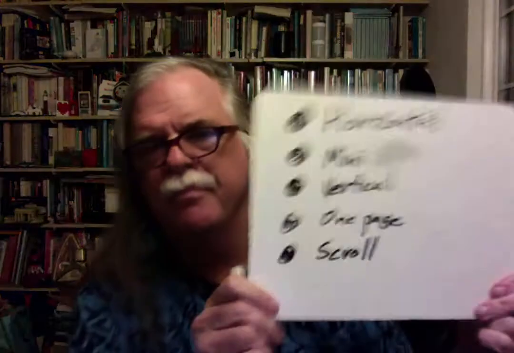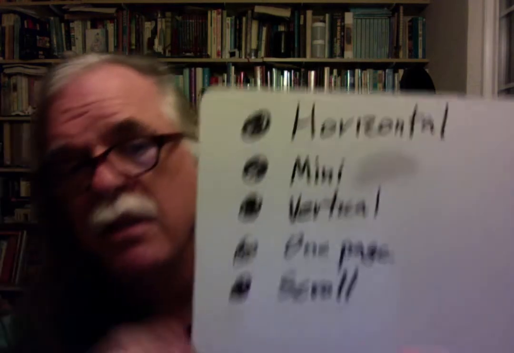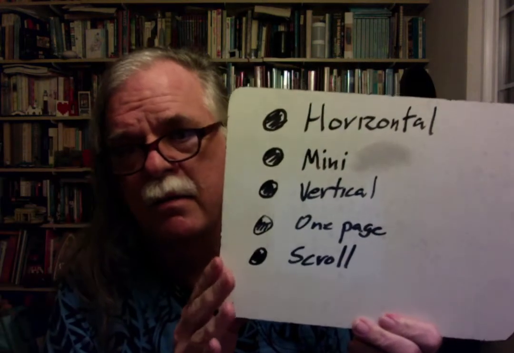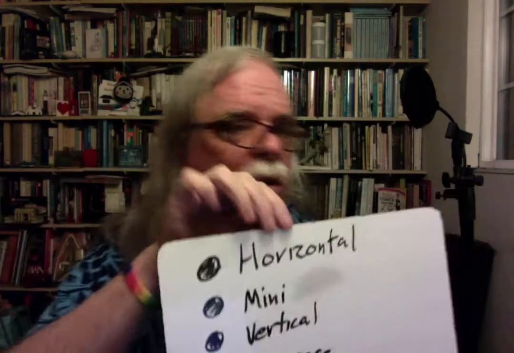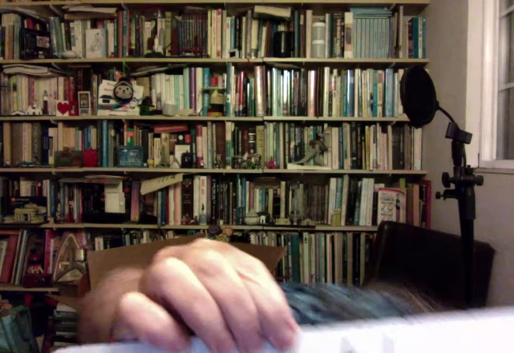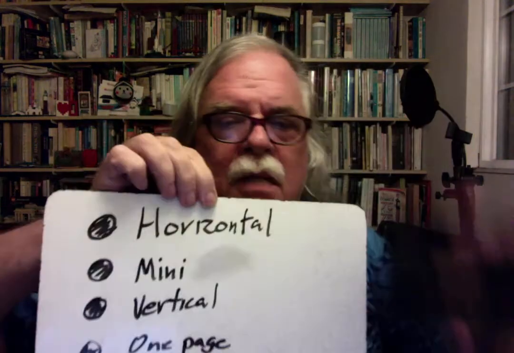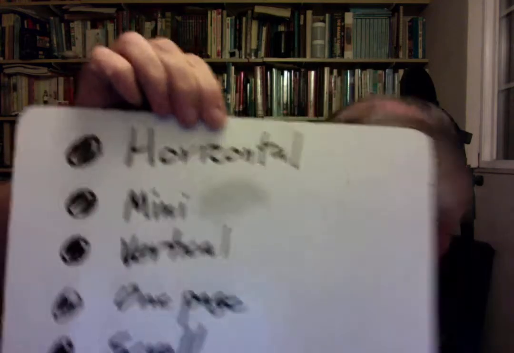So I just talked about the kinds of books that you can make. You can make a horizontal book, which is just a normal, regular old book. Like this. You can make a mini book, which is teeny tiny, small, but it's still a book.